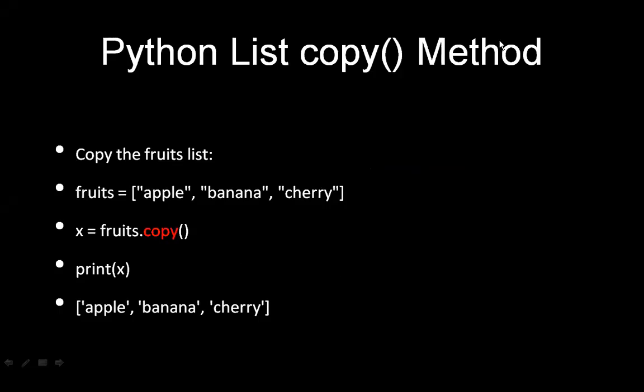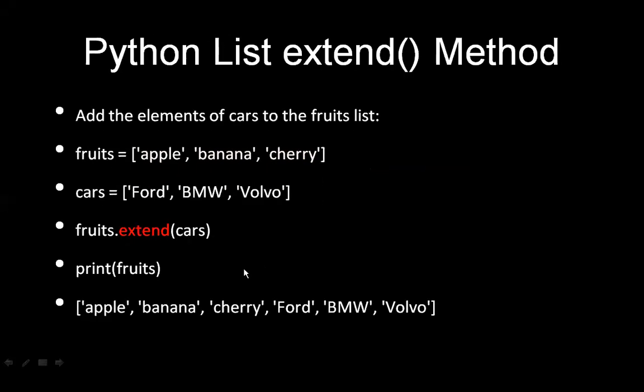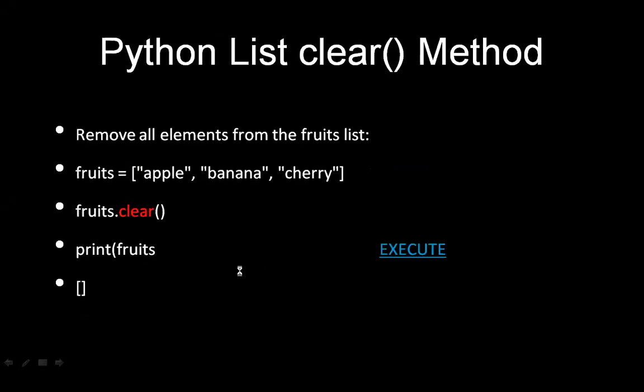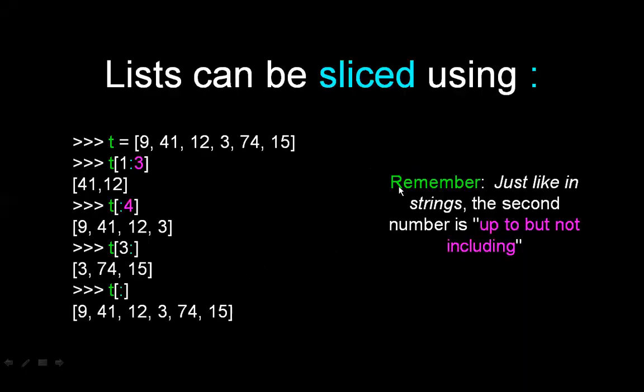So far, a quick recap of today's class, of what we discussed. In today's class, we started with how slicing can be done in a list. Slicing can be done in a list with the help of the colon operator.